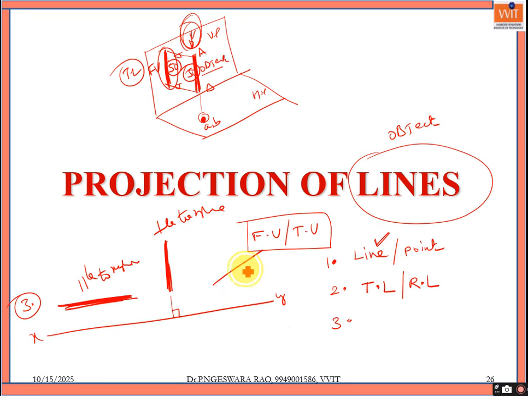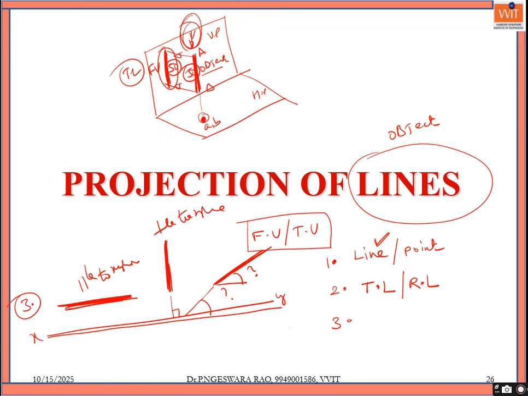Otherwise, the image must be inclined at some angle with the xy line. So we must decide how to draw the image with respect to the xy line, either parallel or perpendicular, or at some angle. These three questions we must discuss before drawing the image either in the front view or top view.